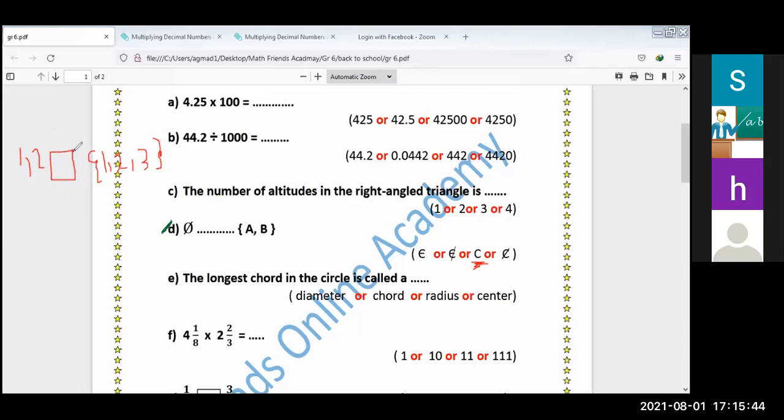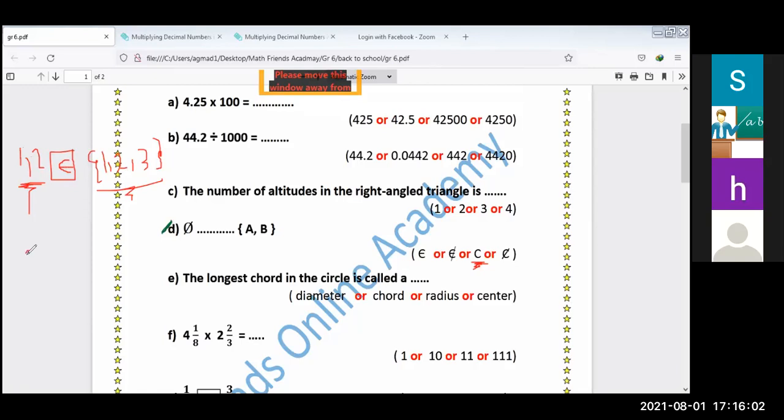I will take belongs to. Why, teacher? Because there are just the elements without any brackets, and here we have a set. So these elements 1 and 2 belong to this group, or this set.